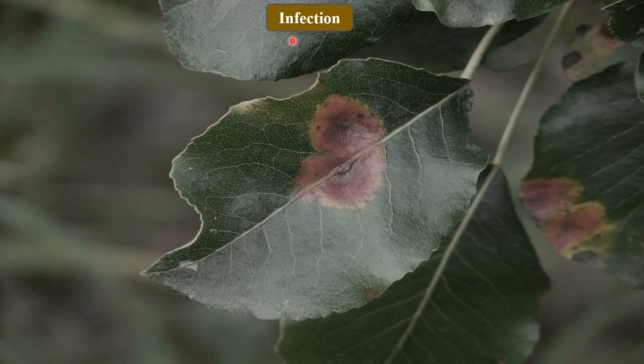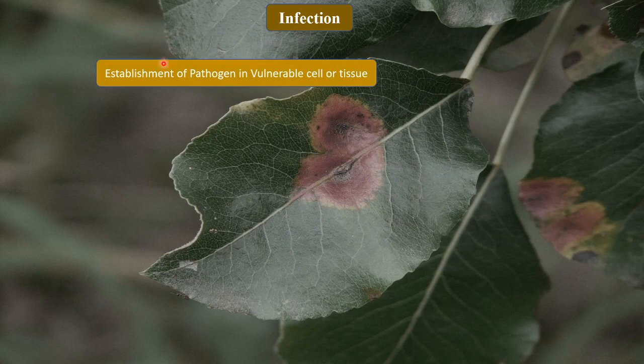Okay, so now we move towards our third stage of the disease cycle, which is infection, right? So infection is the establishment of the pathogen in a vulnerable cell or tissue. So what are vulnerable cells? These are cells that are exposed to the possibility of being attacked, right?